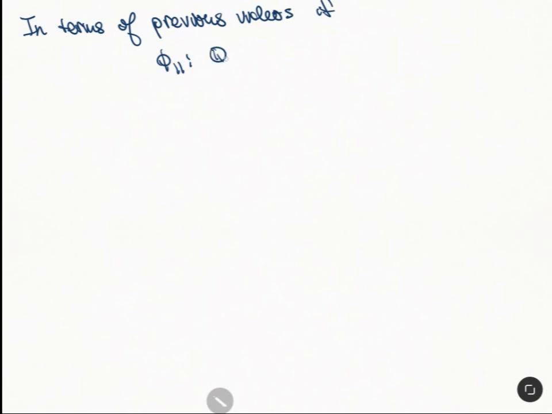I just wanted to be a little bit more explicit with this description. So in terms of the previous videos, where we wrote this basis out, if phi 11 is this map from Q11 bar cross to Q11 bar, this is the Tate uniformization.